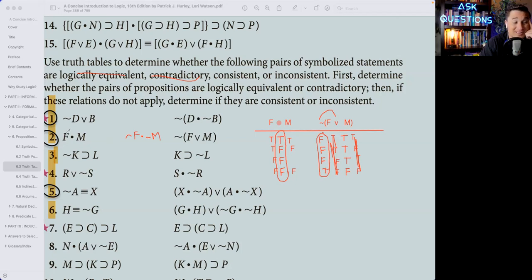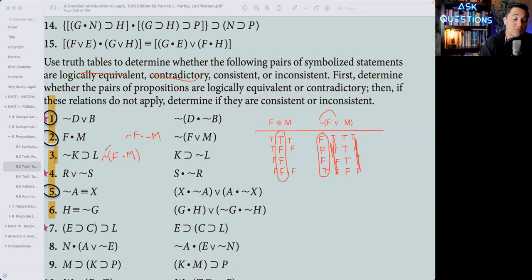But really the contradiction of the statement F and M is not this. I'm just going to take this whole thing, F and M, put it in parentheses, and then put a negation on the outside.